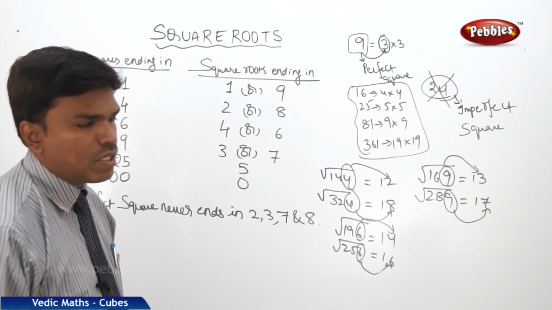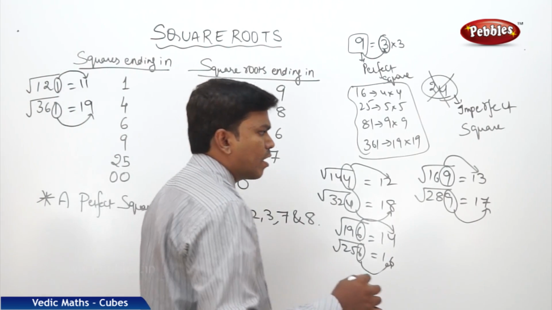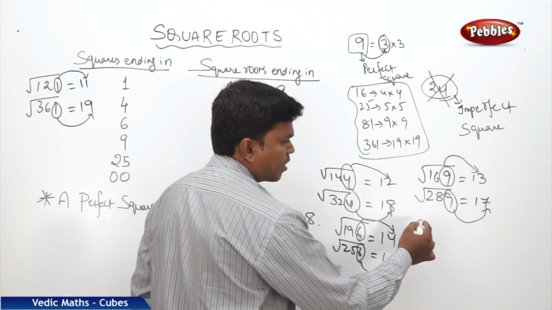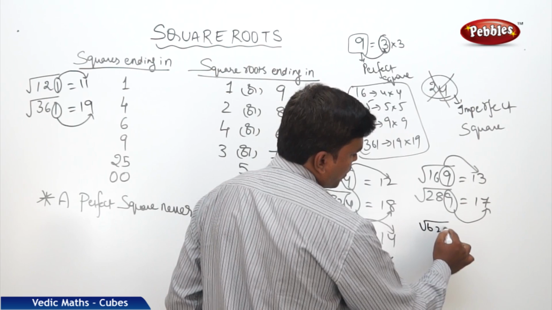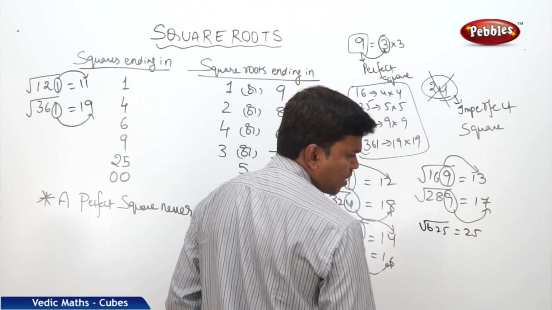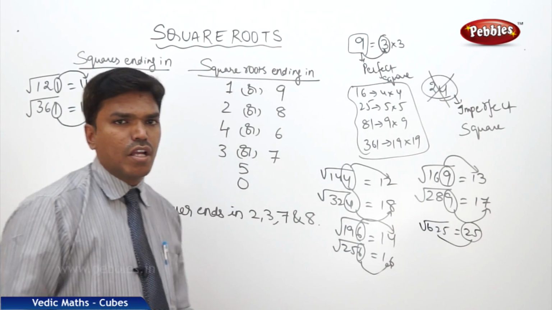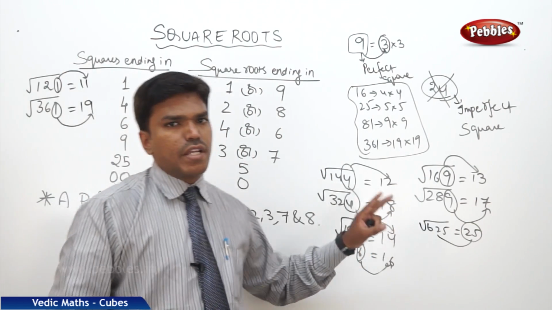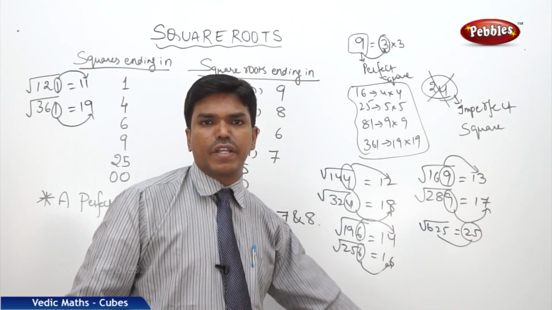Similarly, if it is 25, it is 5, and if it is 00, it is 0. Yes or no? For example, whatever number is ending in 25, if it is a perfect square, see here, let us take the square root of 625, nothing but 25 only. So that's how I mean to say. Always a perfect square which is ending in 5 also has a square root ending in 5 only, right?